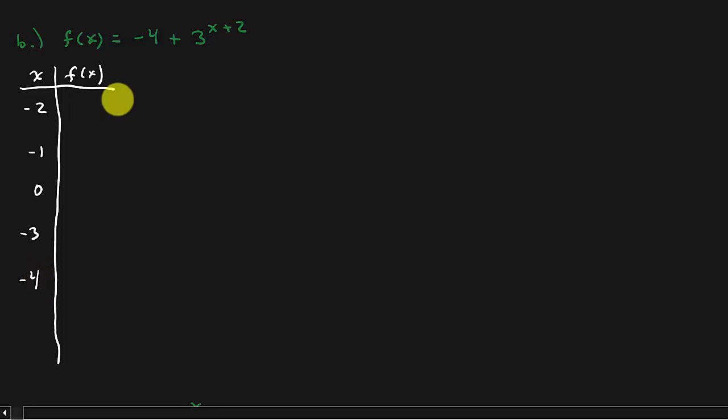All right, so let's evaluate. f of -4 is -4 plus 3 to the -2 plus 2, which is -4 plus 3 to the 0, which is -4 plus 1, which equals -3. Okay, so that's -3.